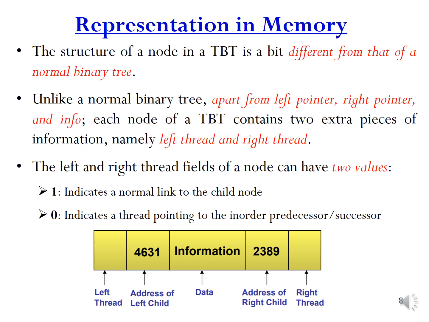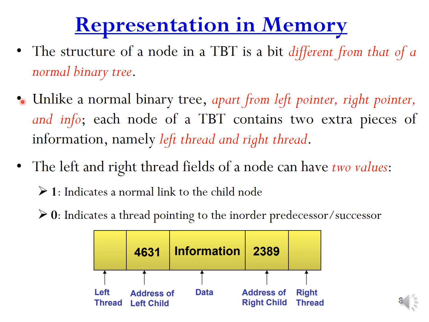Now we will see the representation of a threaded binary tree in memory, meaning how we can represent the threaded binary tree in memory. The structure of a node in a threaded binary tree is slightly different from that of a normal binary tree because it contains some other variables too.